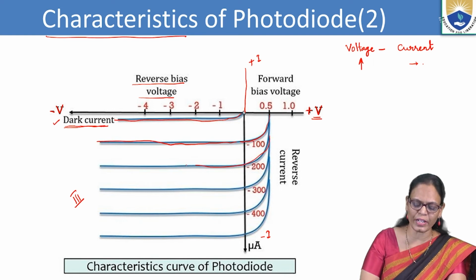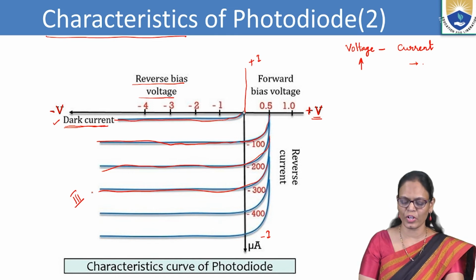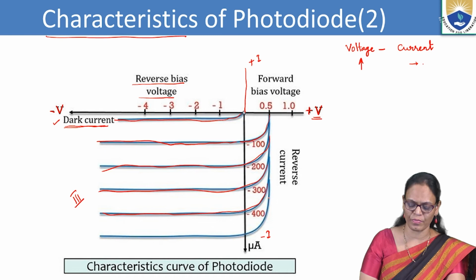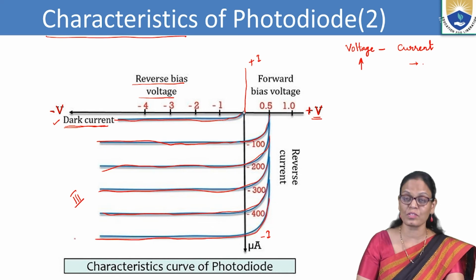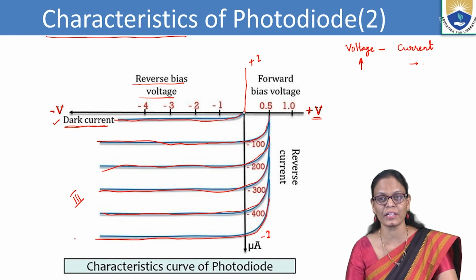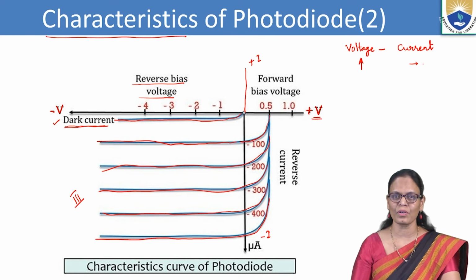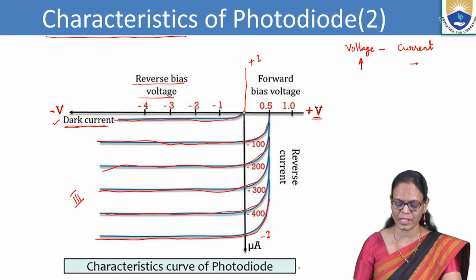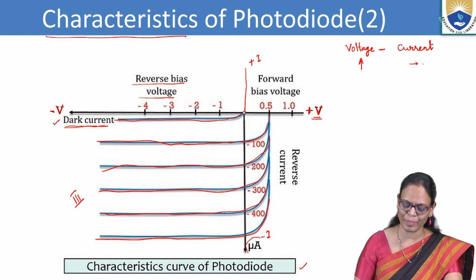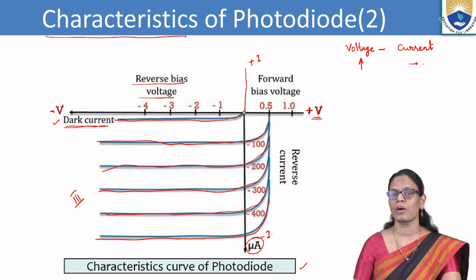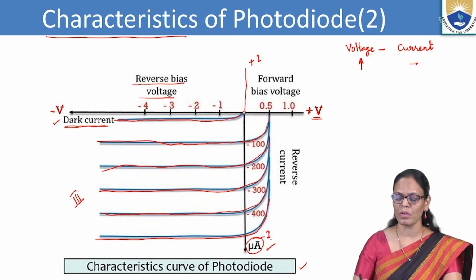So for different intensities we are plotting the graph. We are varying the voltage and plotting the graph. And what we have also seen is that as the intensity of light increases, the current also increases. So these are the characteristic curves of a photodiode. And because the current is small, we are expressing it in microamperes.